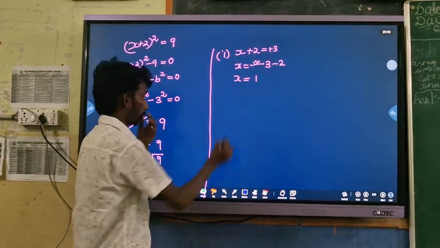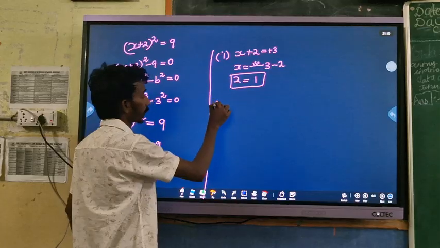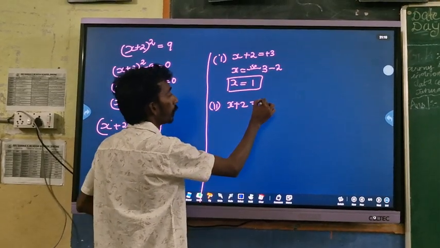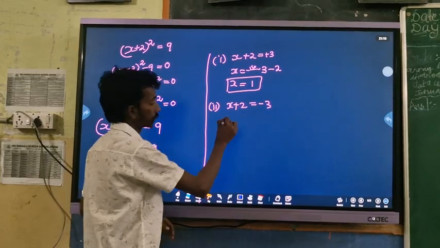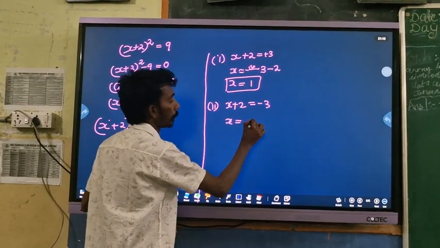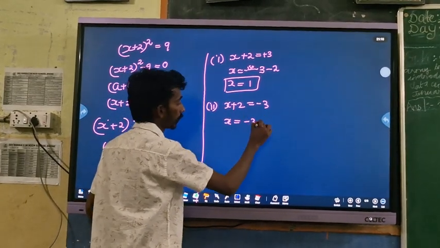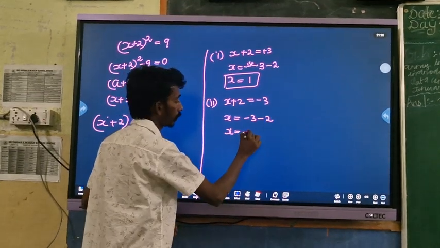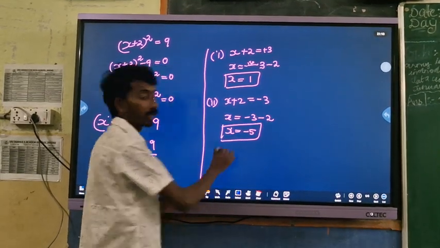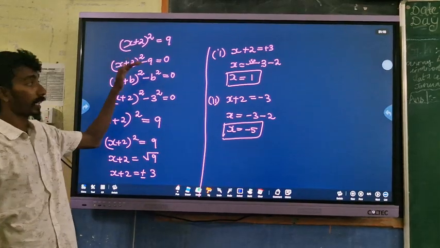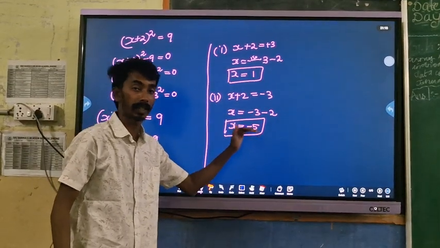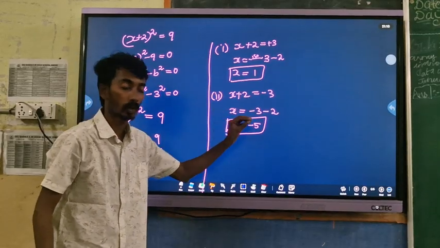It is 1. Then x is equal to 1. Second case, x plus 2 is equal to minus 3. So x is equal to minus 3, and plus 2 goes to the other side as minus 2. So x is equal to minus 3 minus 2, which is minus 5. So the roots of the given quadratic equation are x is equal to 1 and x is equal to minus 5. This is the completing square method.